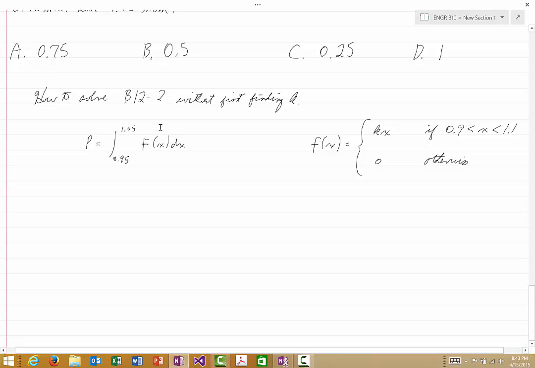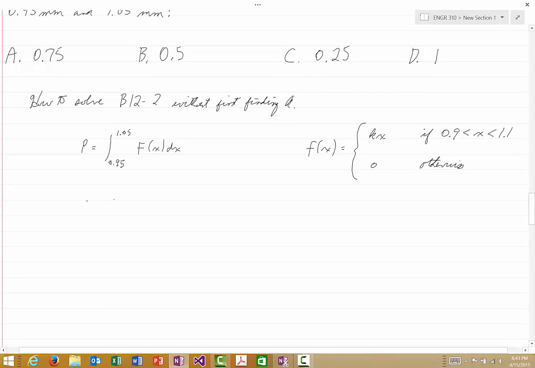Okay, well, let's make another observation. We know that if we integrate from 0.9 to 1.1, now this is the entire range over which f of x is non-zero, so if we integrate f of x over that complete range, we're going to get 1.